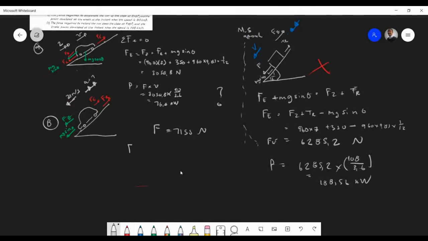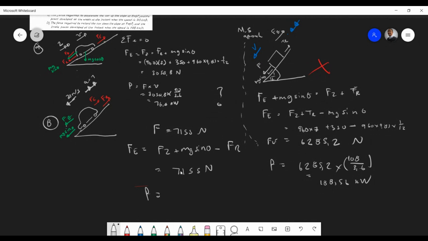So then we're looking for FE, and FE is going to be equal to FZ plus mg sine minus FR. If you add these guys up, you should get a value of 7,155 newtons.